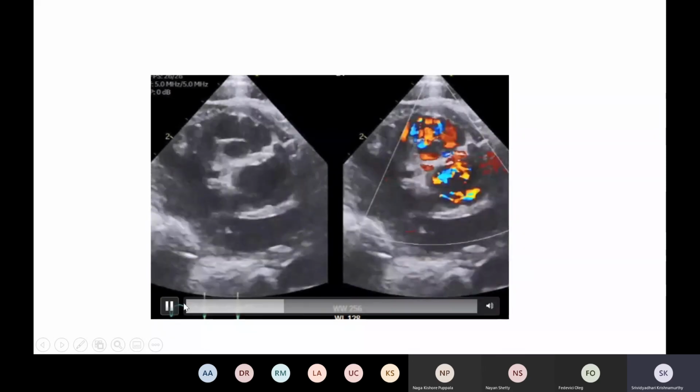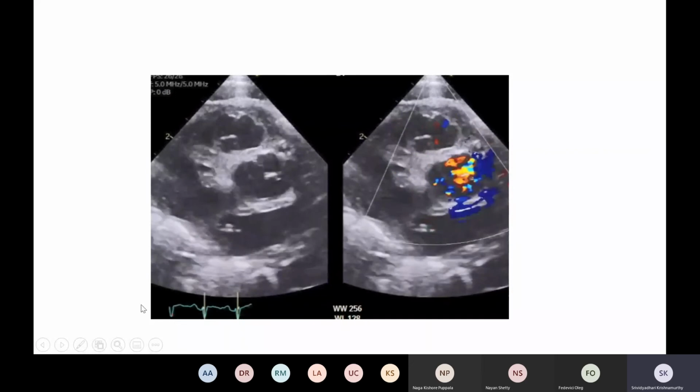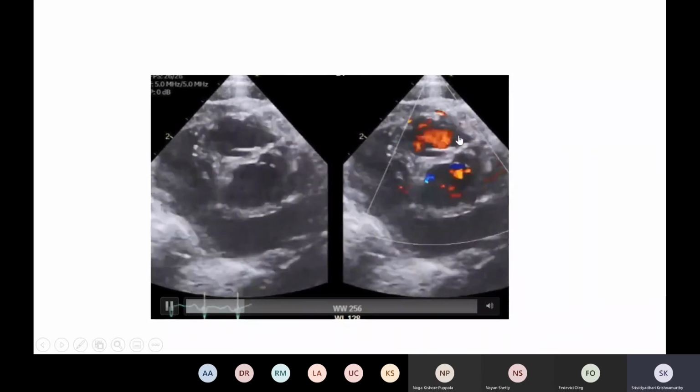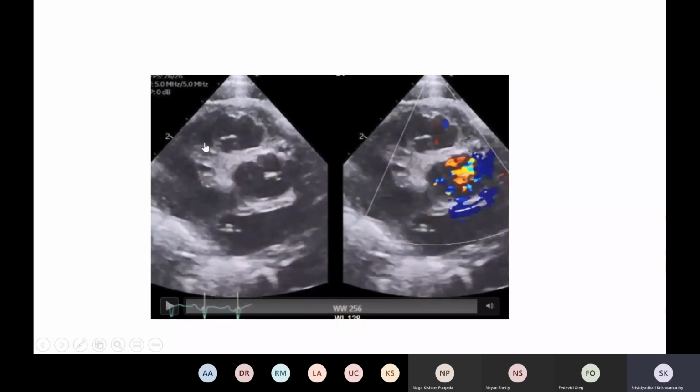So let me play this. And how do I identify that this is an aortic valve? You can see the coronary arteries there.